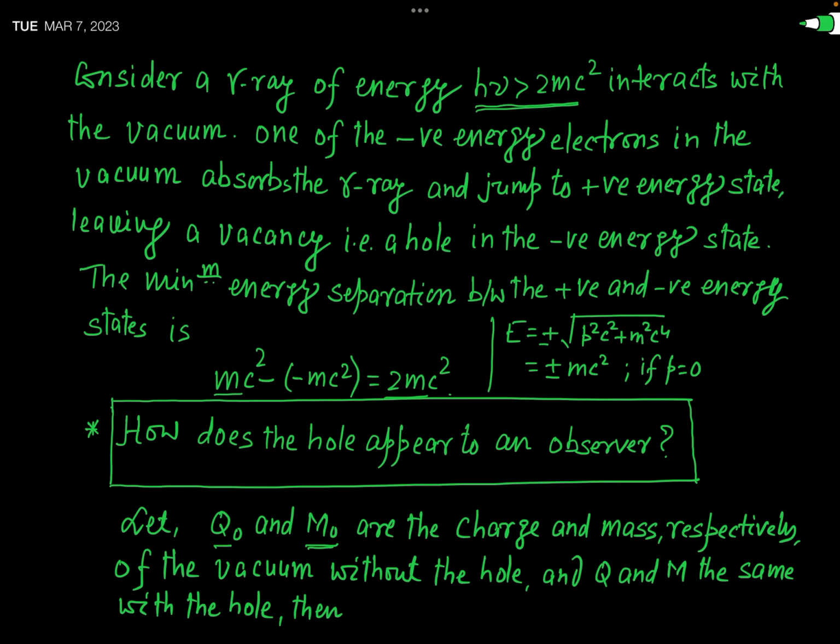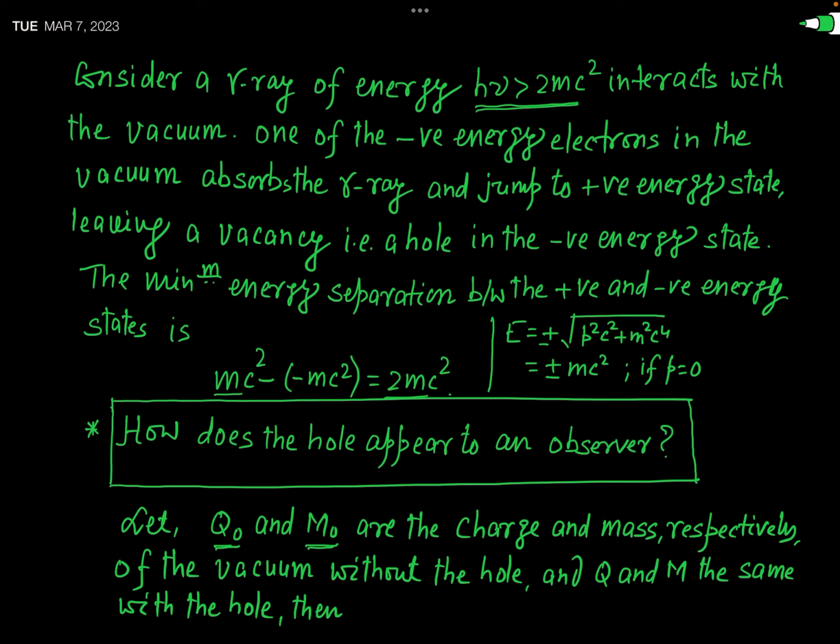These are the charge and mass when no gamma photon has interacted with the negative energy state.